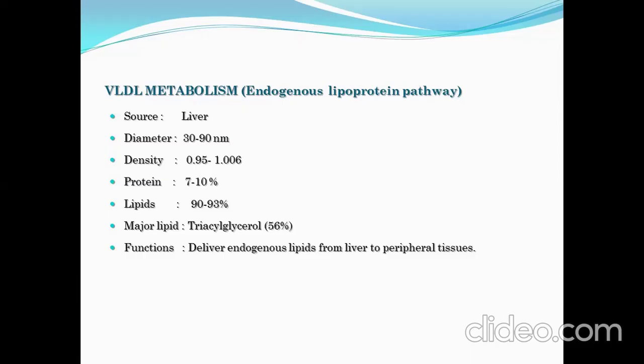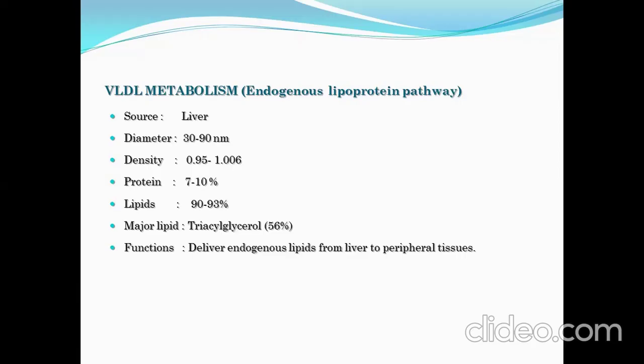You must know endogenous and exogenous at least. In the endogenous pathway, you can see here the VLDL, the source is the liver. Why is it so called? Because the liver synthesizes it. Previously, we were getting it from the exogenous, dietary source. That's the exogenous pathway. Now the liver synthesizes it. That's what is called the endogenous pathway.